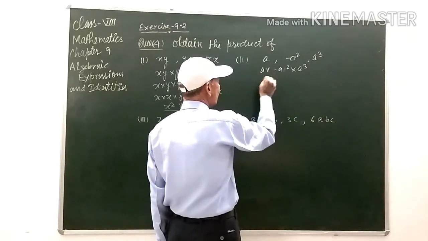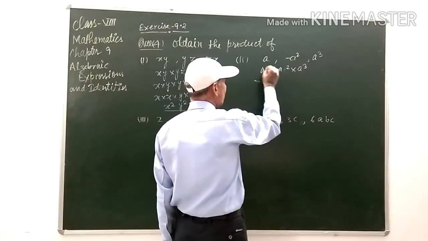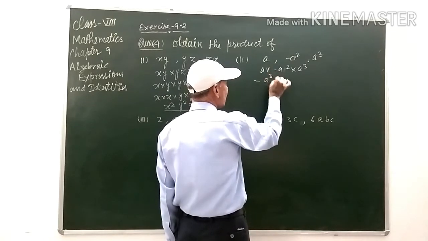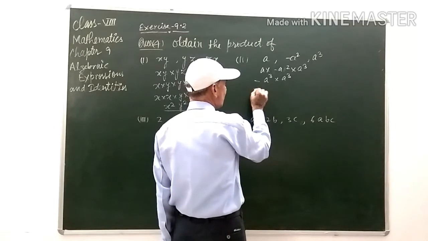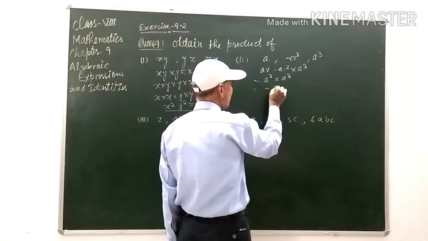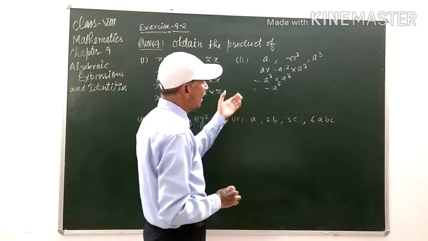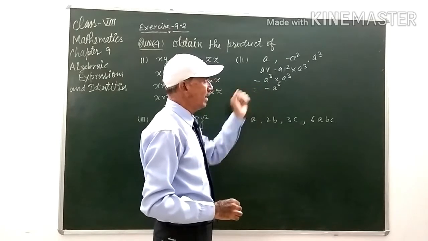So this one will be minus a to the power 2, here power 2 and power 1, that is power 3 into a to the power 3. It means minus a to the power 6. Bases are equal and powers will be added.